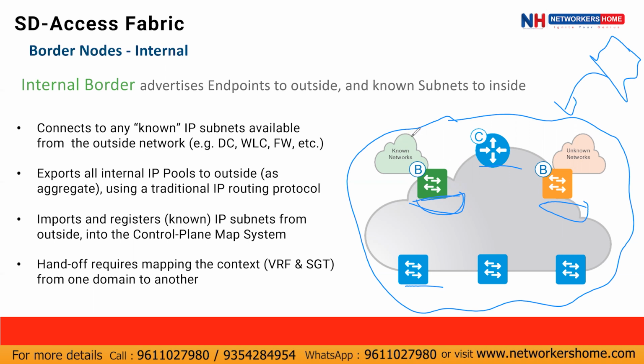These known networks are mostly the data center, which will be the same for this branch and for this branch as well, because the data center is just one, right? I believe a known network is the internal network used by an organization. Yeah, so other than the campus network, what else is part of the organization's internal network? It's the data center.